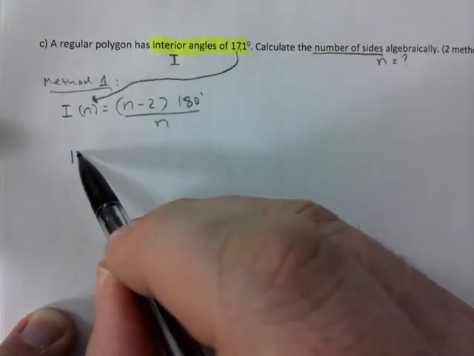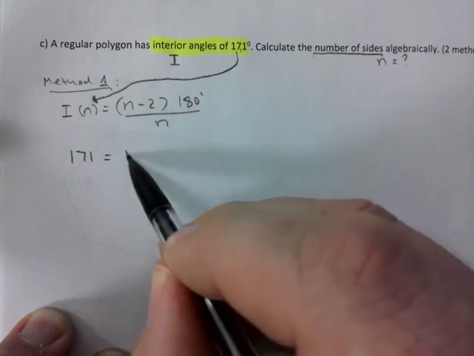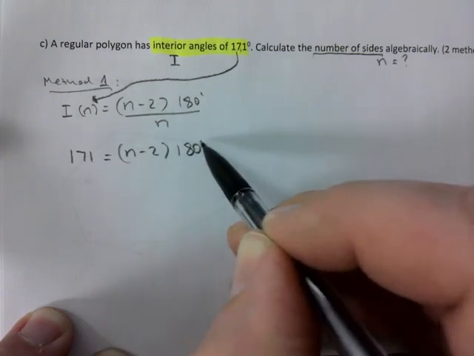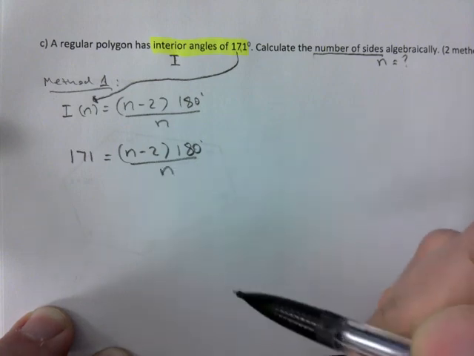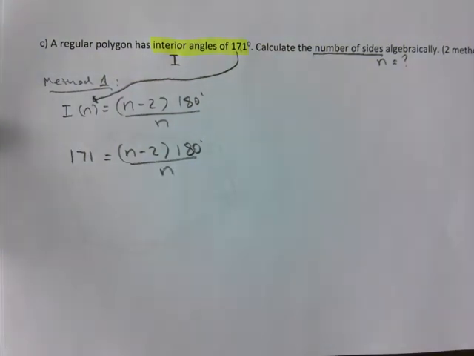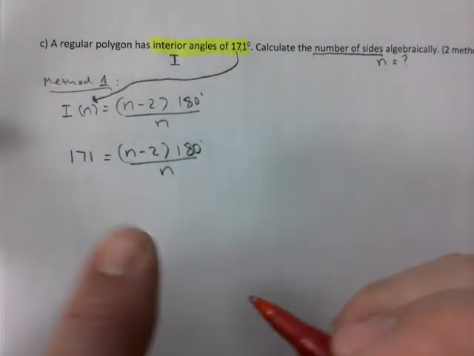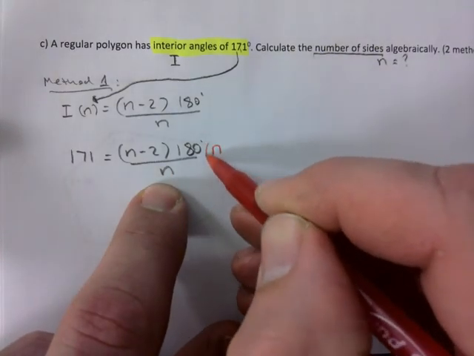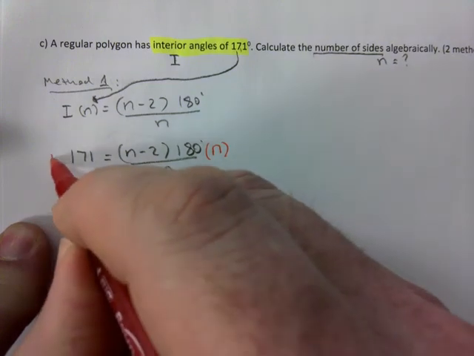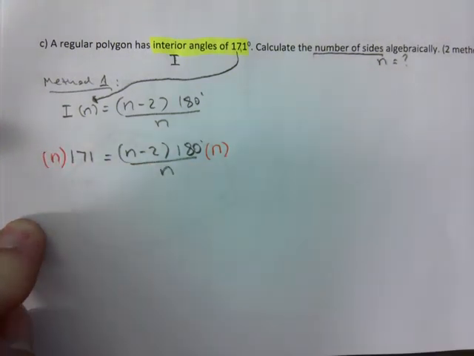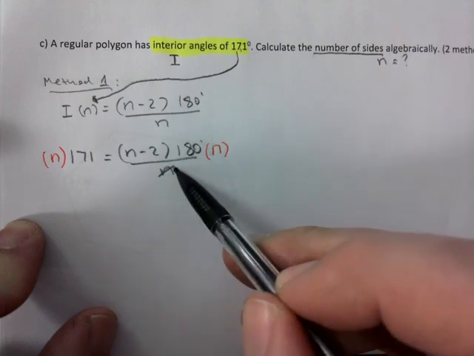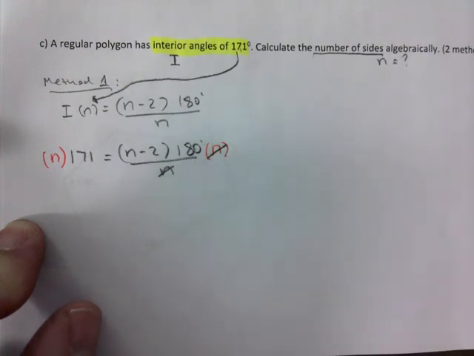So I go 171 is equal to n minus 2 times 180 over n. And here is where it gets a little tricky. Get rid of this n by multiplying both sides by n. And that allows you to cancel out the n's on the right side.